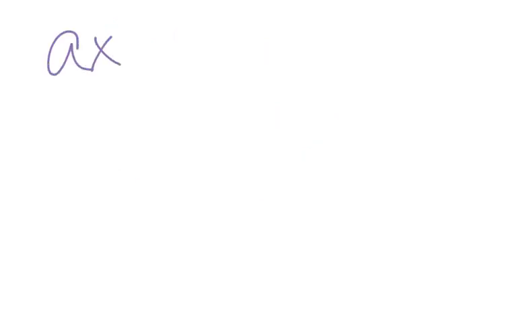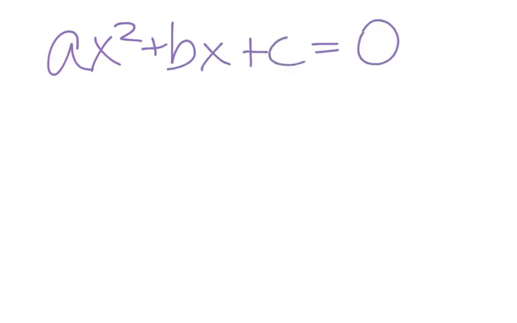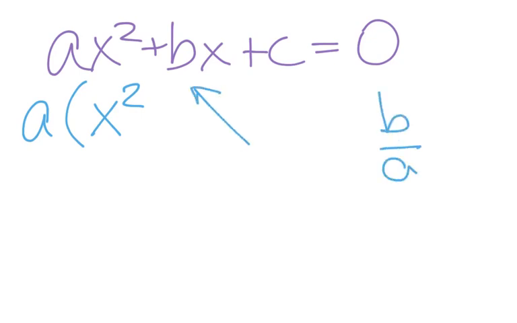Okay, so we're going to start with ax squared plus bx plus c. To complete the square, the first thing we're going to do is make sure that this coefficient is 1. Since it's not 1, we're going to factor it out. So I'm going to take a out of that. So a times x squared is ax squared. And then the way that we do it right there is if I take b divided by a, then when I multiply it by a, I'm going to get b.